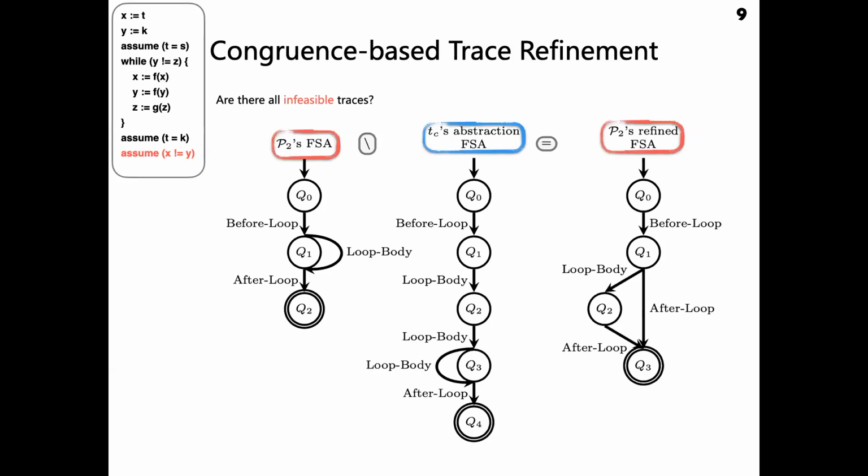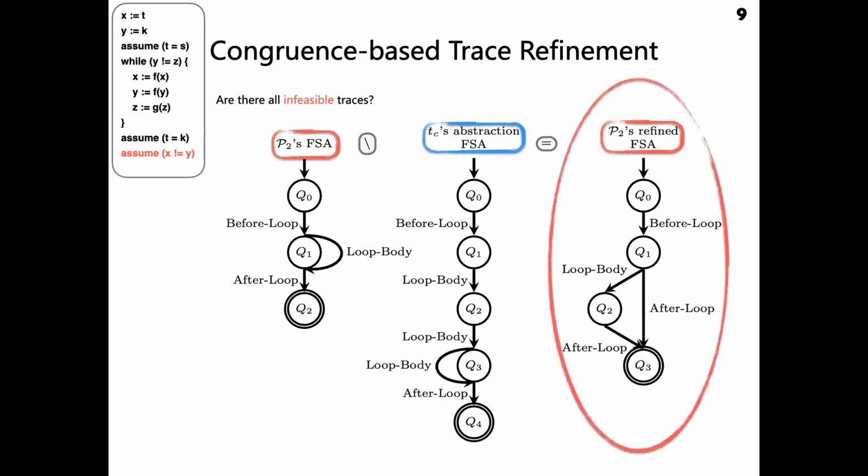In CEGAR-style verification, after such abstraction, we can get rid of these traces to check other remaining traces, which is represented as an automata subtraction. Now, we only need to verify the two traces left, which is easier than verifying all possible traces in the original automaton. And we can finally prove that the program is correct.